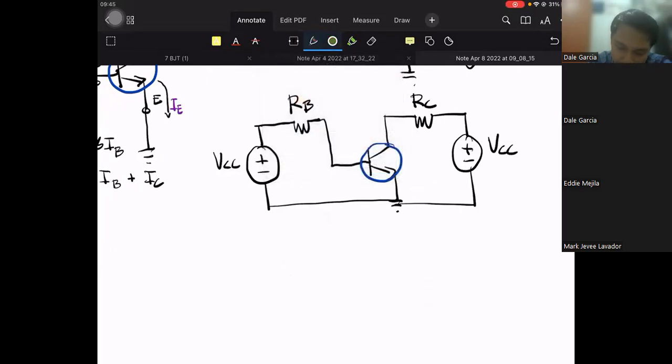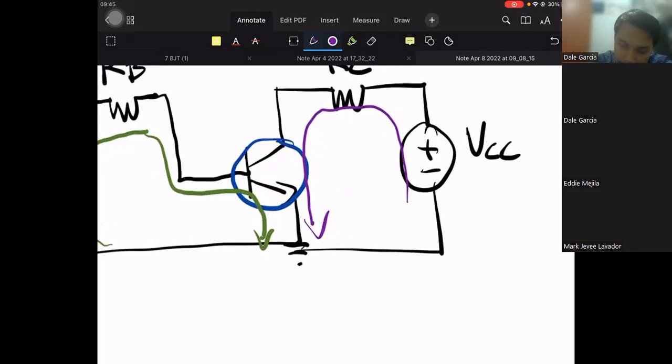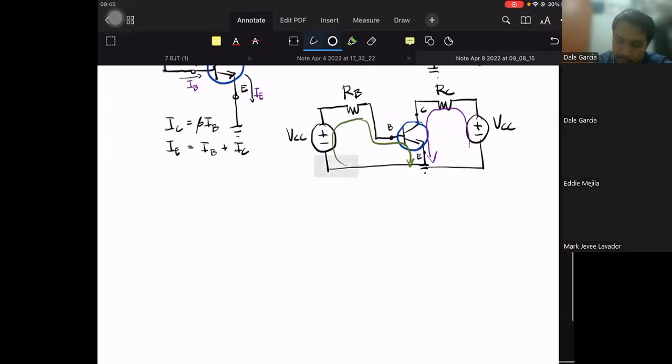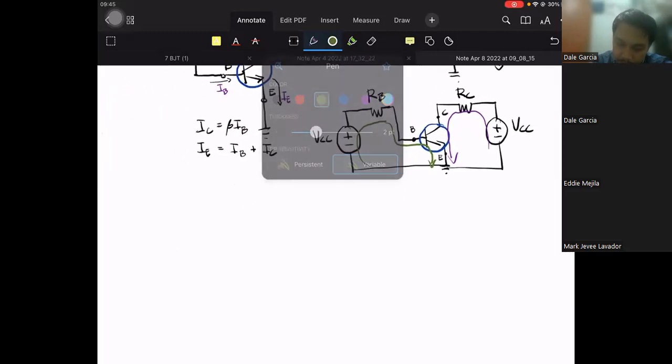Isa here. And another one here. Okay. So we have two separate KVL equations.